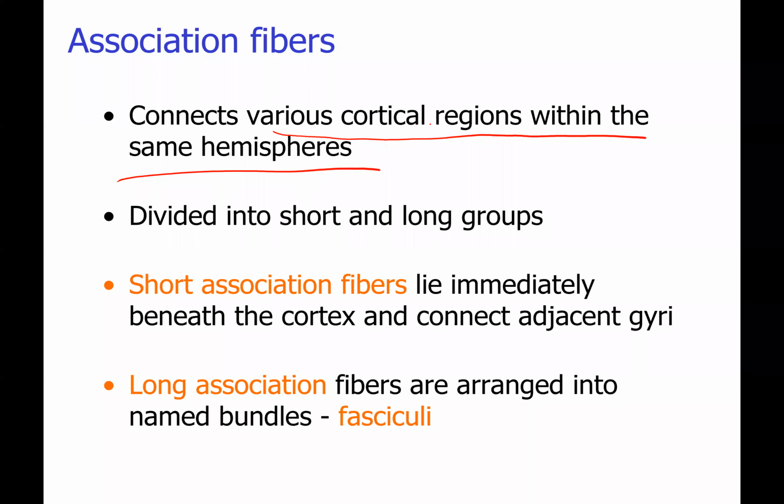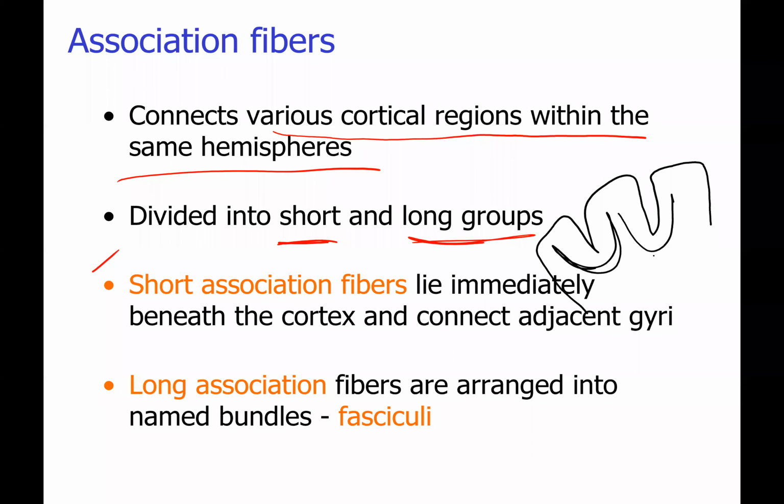Now they can be divided into two groups: short association fibers and long association fibers. Now short association fibers are very simple. Short association fibers are like this. If you get the sulci and gyri like this, short association fibers connect adjacent gyri to each other.